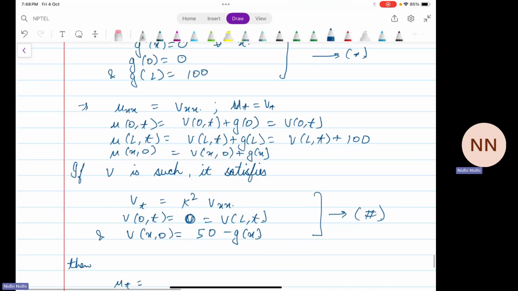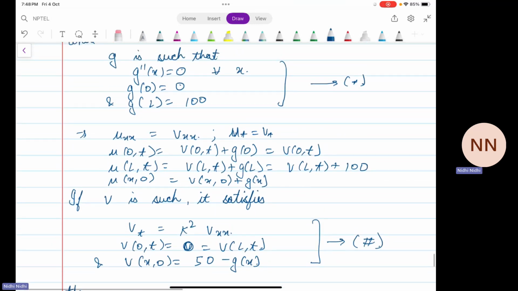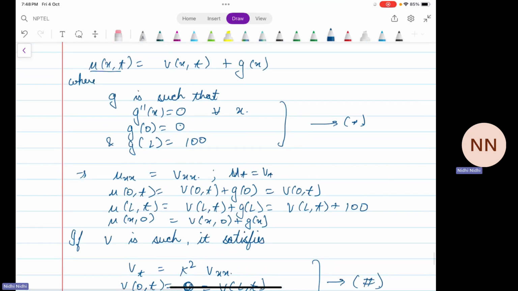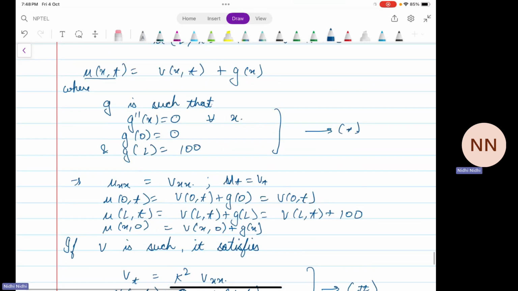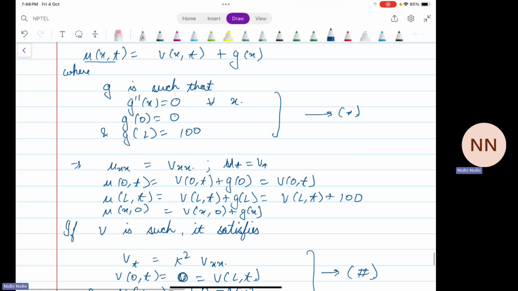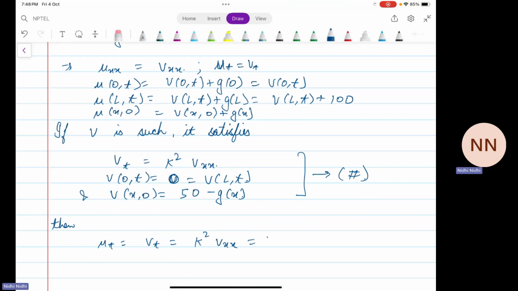From here we can see that u_t, the derivative of u with respect to t, will be equal to v_t. Now from hash, this is equal to k squared v_xx, and from the definition of u(x,t) we know that v_xx is basically just u_xx.